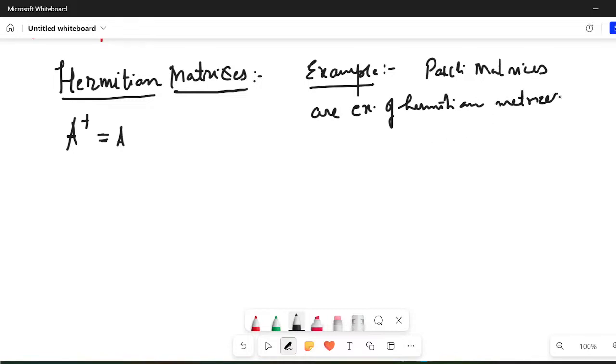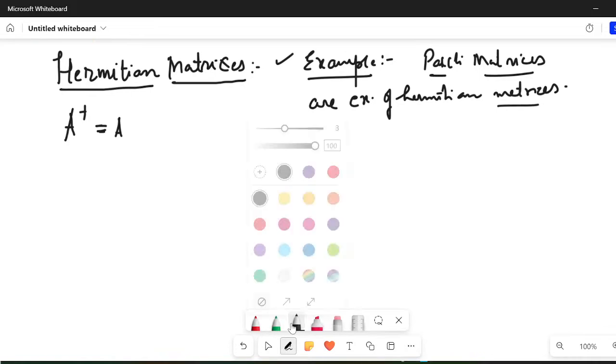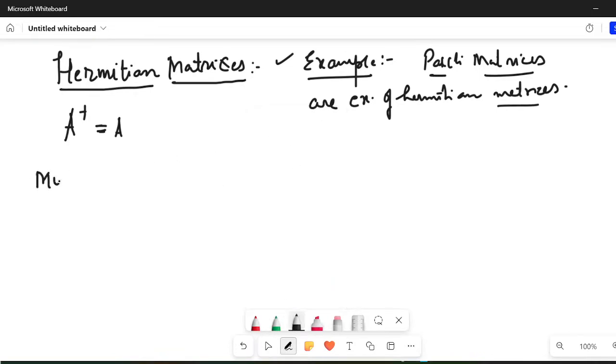I have shown you the Pauli matrices in the previous lecture. Now let us take one simple example: moment of inertia is a tensorial quantity, so in general we represent it in the form of a 3x3 matrix.